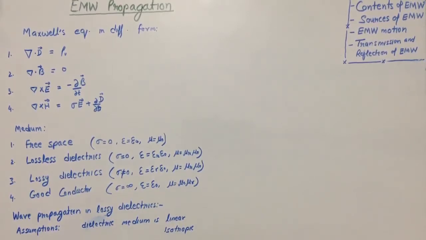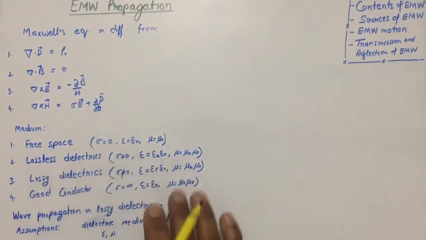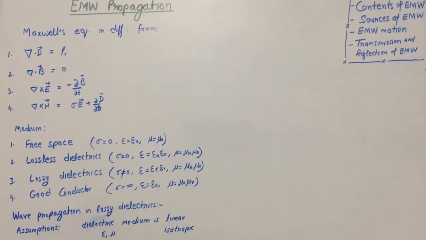Isotropic means epsilon and mu have the same values in all directions, meaning they are scalars and independent of direction.